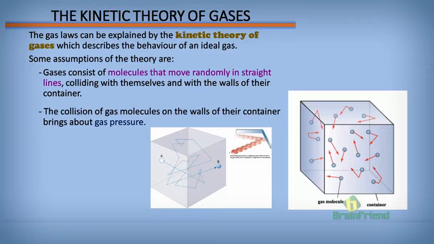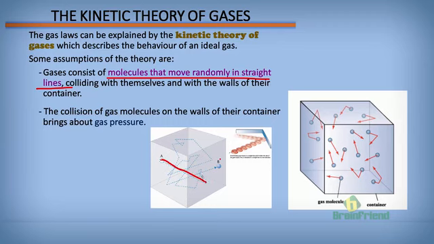So some of these assumptions are: one, that gases consist of molecules that move randomly in straight lines. The movement of gas molecules is straight. It is not curved. So we can see here a gas molecule moving from point A to B. All the movement it makes and the collisions it makes are straight.